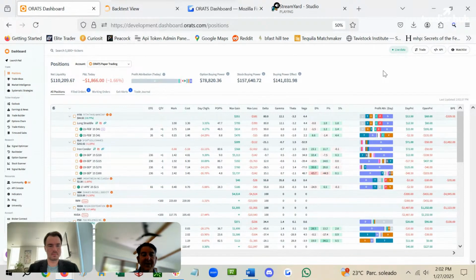So that'll be exciting. I don't have to take pictures of my trades, and then it'll be all in the trade journal. That's very exciting. And if any of you viewers want to beta test it, just give us an email, support@orats.com, and we'll add you to the list.